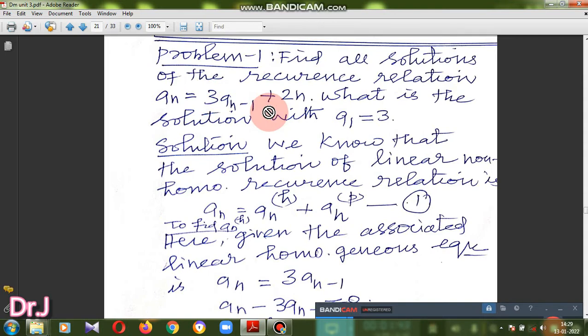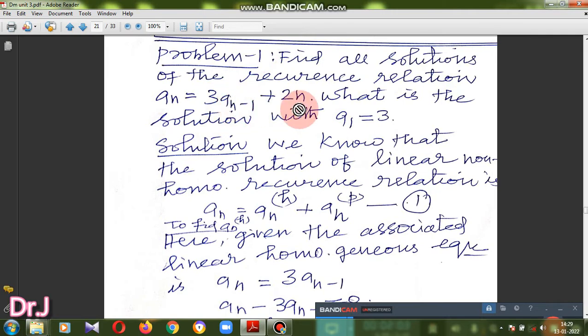Once we differentiate that, then only we can solve the problem. If it is a homogeneous problem, then only one solution will come. If it is non-homogeneous, two solutions we have to get, one for this and another for this.